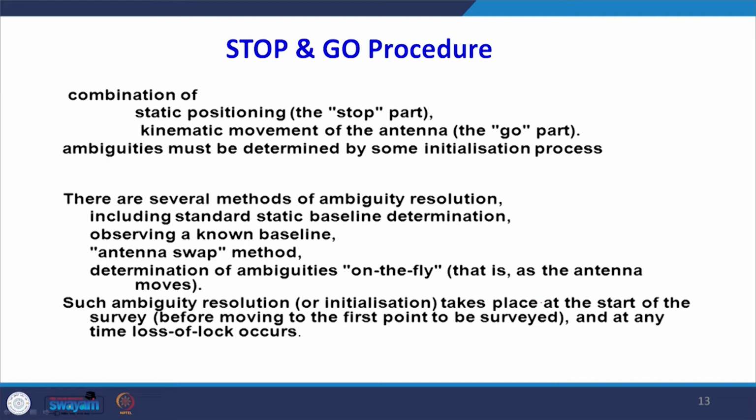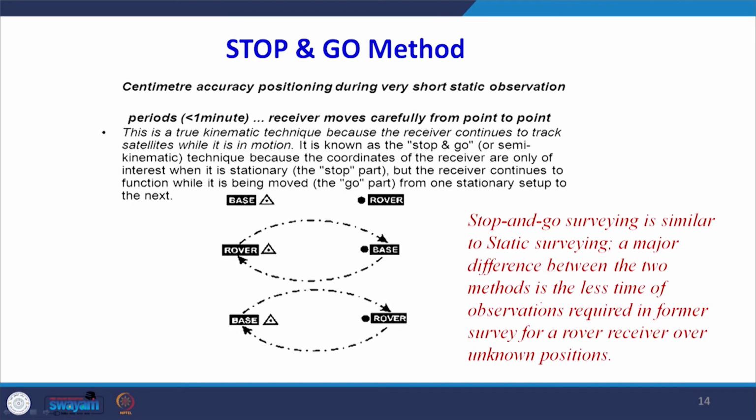Then there is the stop and go method, and the name itself suggests that we are not stopping at a point for a longer duration and we are in move mode. After taking the observation for a certain while, we move to another point. Here we determine the ambiguities in on the fly mode, and once this ambiguity is resolved we can get better accuracy.